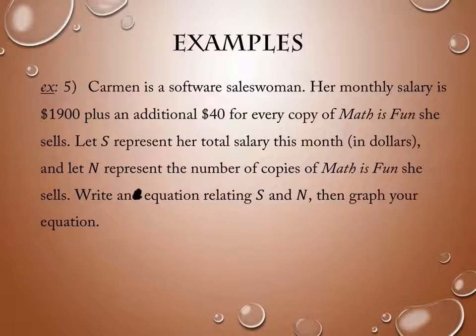Okay, so like on the last one, we're going to create an equation that relates, in this case, the letters S and N. S is her total salary, how much money she makes, and N is the number of copies that she sells of this particular software, Math is Fun. So what would you let your equation be? What would it become for this particular situation?